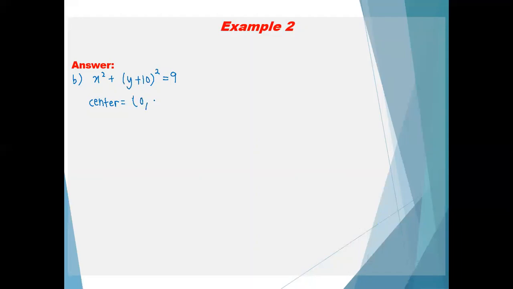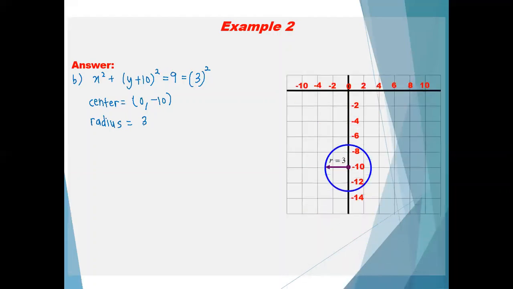Okay, so k is negative 10. And then how about the radius? This one is actually 3 squared, right? So the radius is 3.